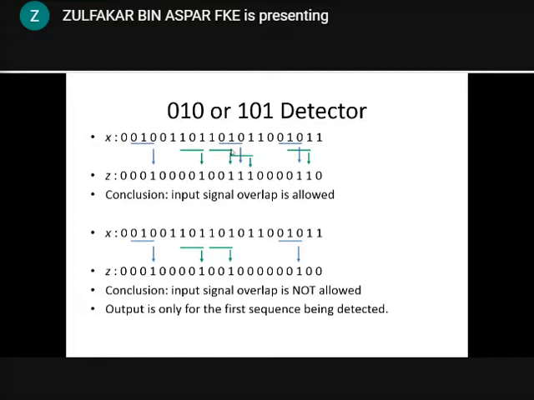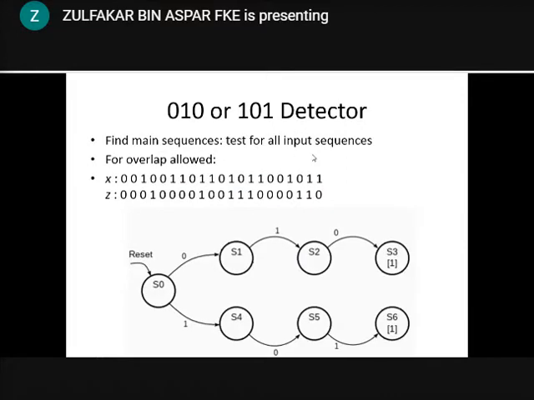If we detect another 1, what's going to happen? Normally in the exam, we will give you enough sequence for you to decide how the detection should happen. So you have to understand from this example.